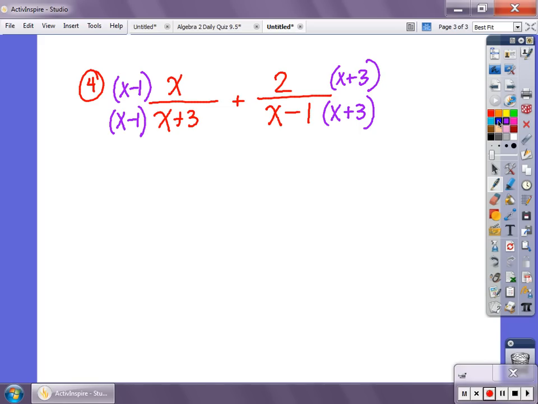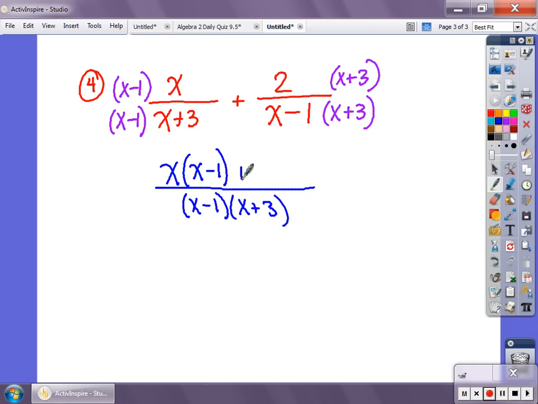And so now we're going to rewrite with one denominator, x minus 1, x plus 3. We have an x and an x minus 1 up top, plus a 2 and then x plus 3.